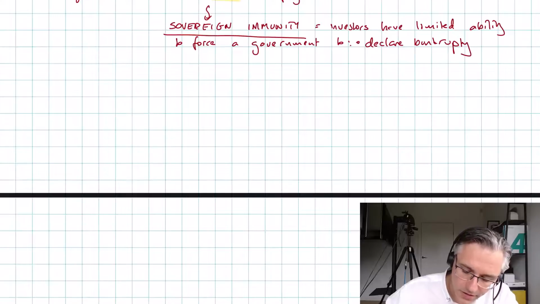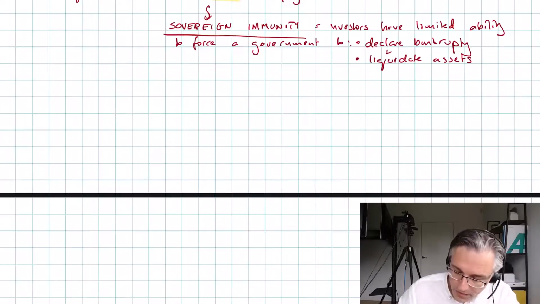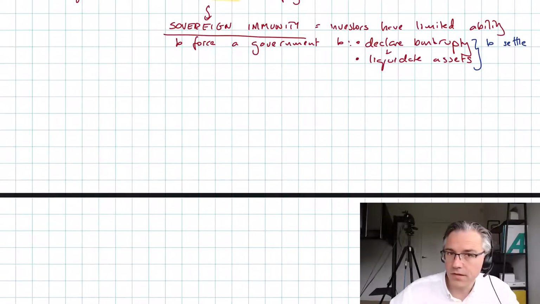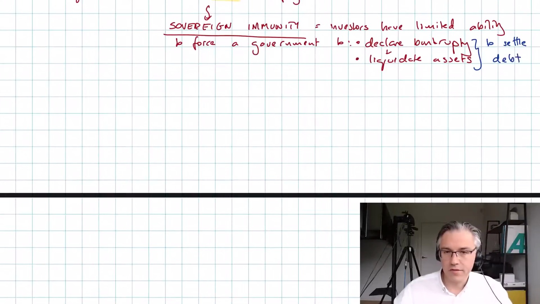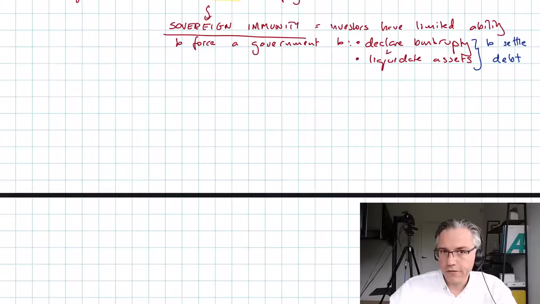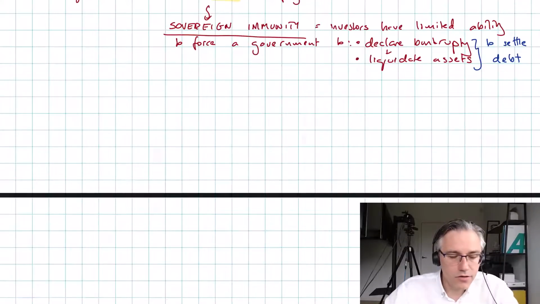And typically declaring bankruptcy would then force some kind of liquidation of its assets. The proceeds from the liquidation of the assets would be used to settle the borrower's outstanding debt. This would happen in the case of a company if it was unable to pay, if it defaulted on its debt, providing the institutions, the courts, etc., are there to carry this out.